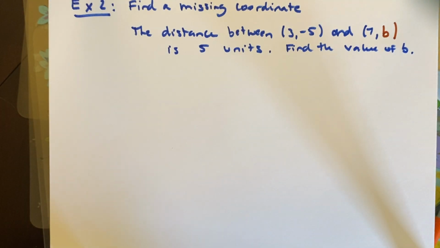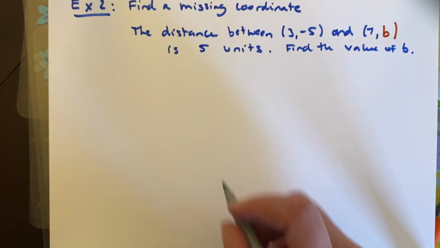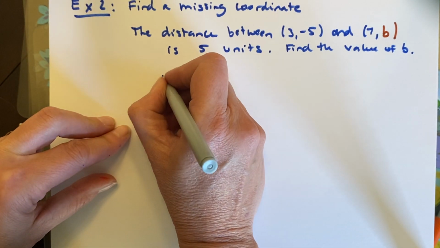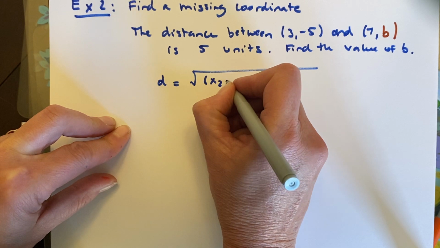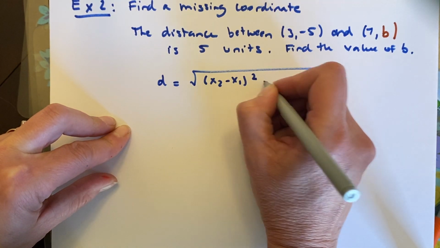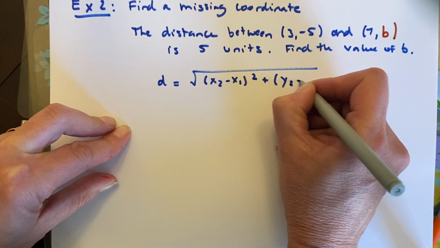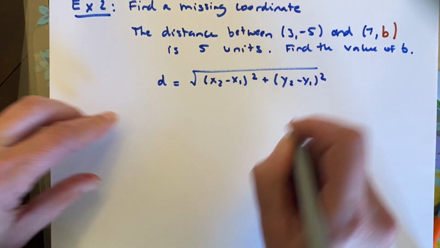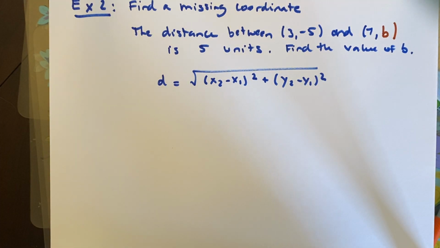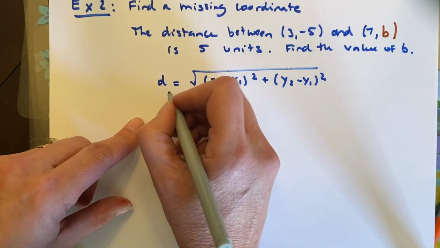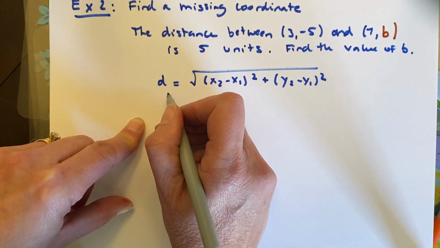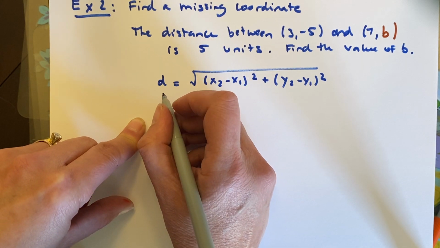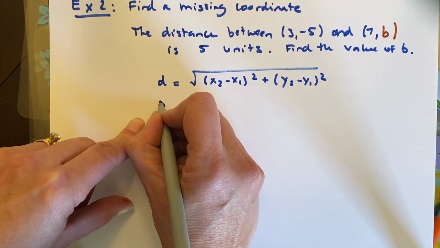Well, again, this is just using the formula. And we're going to set it up. D equals the square root of x2 minus x1 squared plus y2 minus y1 squared. I strongly recommend writing this down each time so you don't make a mistake. All right, well, in this situation, we know what distance is, and that's 5. So we're going to put that right in.